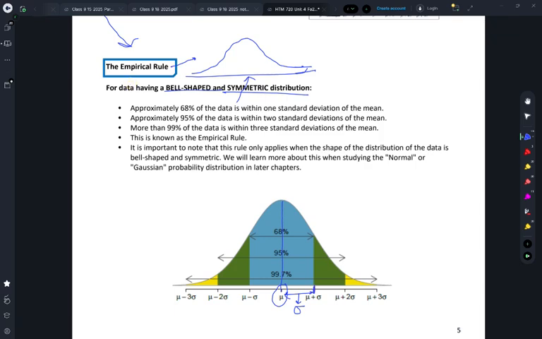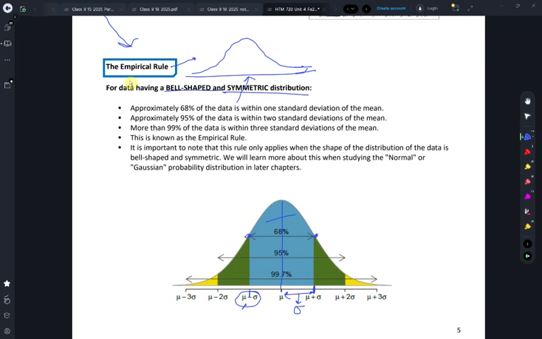Then go back to the mean. If I take one standard deviation back, I'll arrive at the mean minus one standard deviation. These are the points of inflection that we outlined earlier.